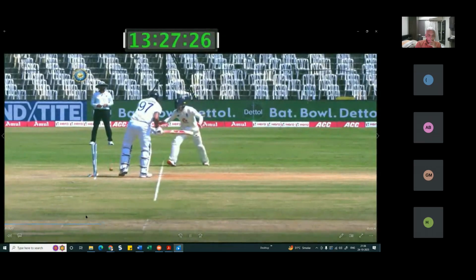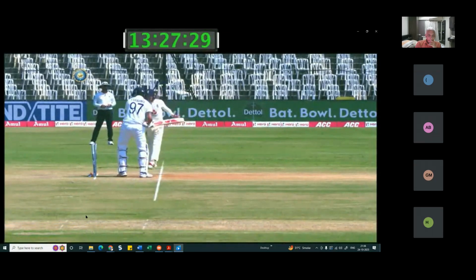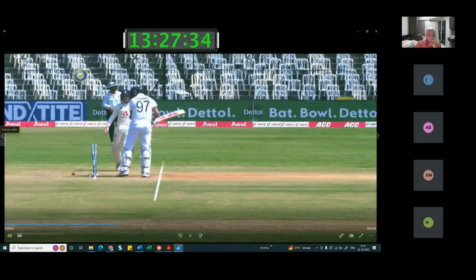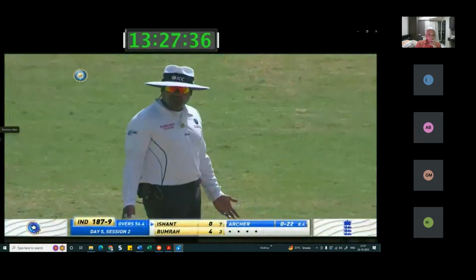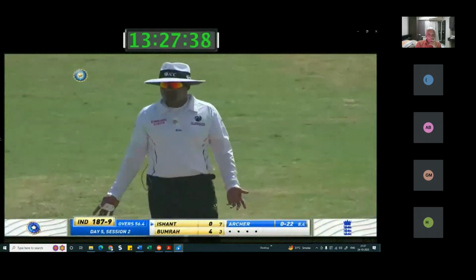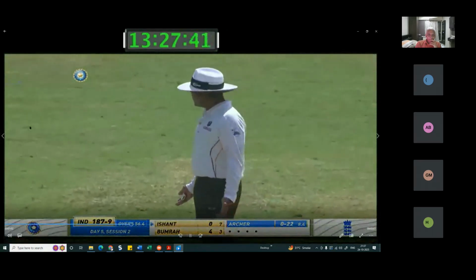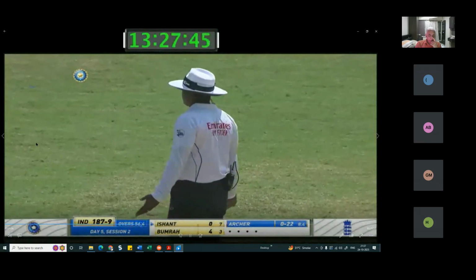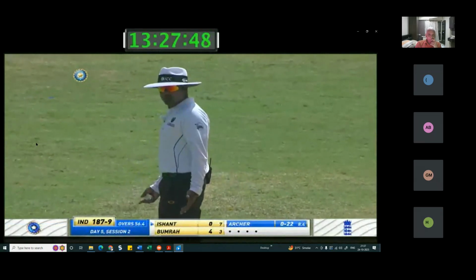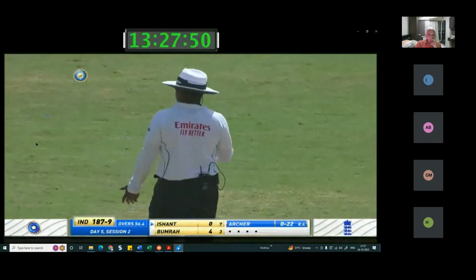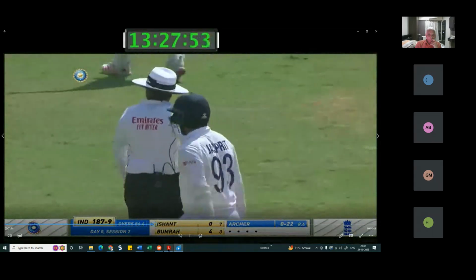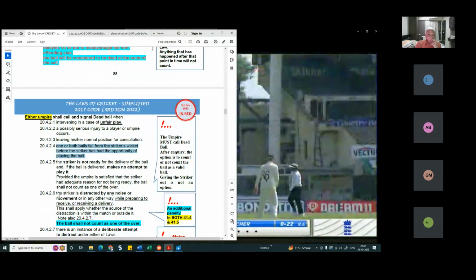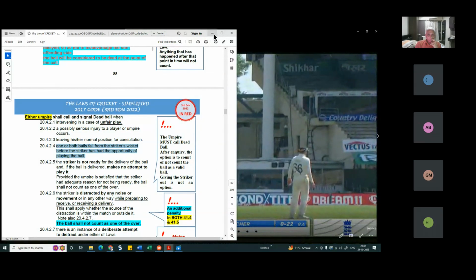Yeah, bails are off. It's dead ball. Dead ball, please. No, you can't call dead ball now. Ball has been delivered. Can't call it dead ball now. Unless we saw it, then only we can call it. Okay, then I will make the decision. Decision to the big screen. Not out. Repeat. Not out.